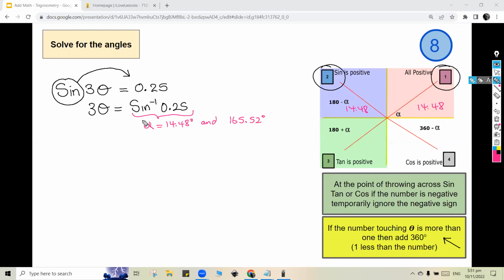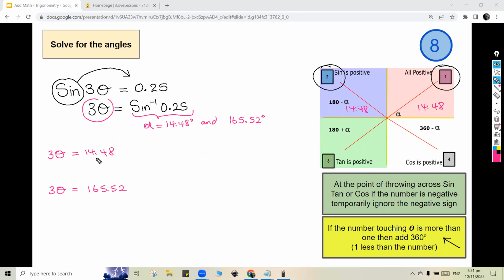Now, here's the thing. Remember, we just found the 2 initial values. But both of them are equal to 3 theta. So 3 theta is equal to 14.48. And 3 theta at the same point in time is equal to 165.52.